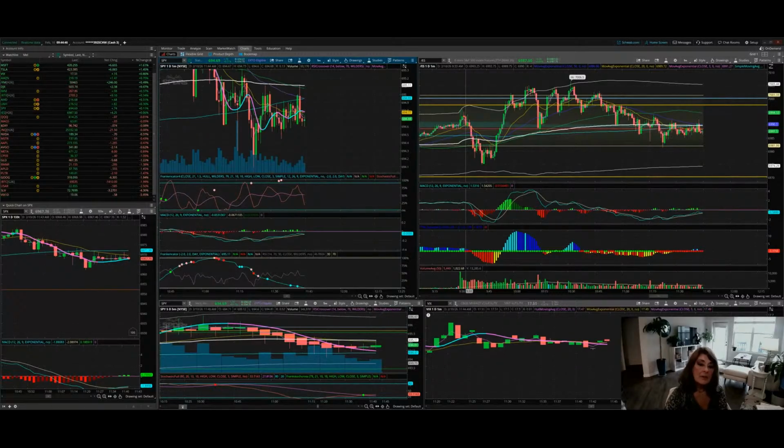See if we can get a little quick drop. It is still a bit range bound still. Oh, big green candle there. So still holding that range.